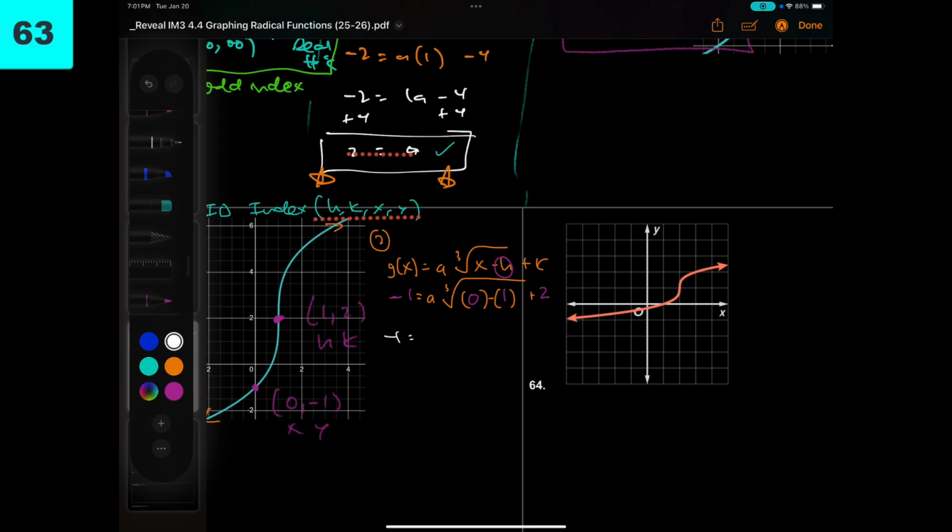All right, let's go ahead and solve for a here. Okay, so 3 identical numbers that multiply to be -1 would be -1.